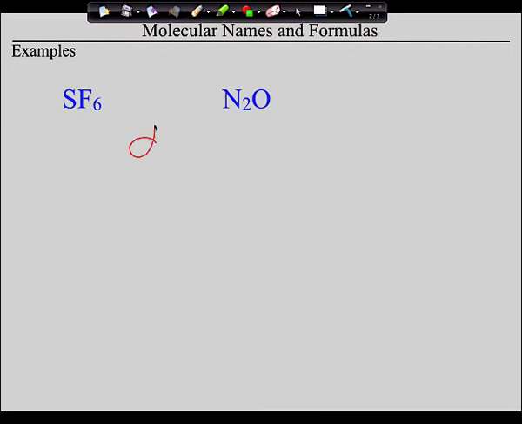So this would be dinitrogen, and then oxygen. How many are there? One, so it would be monoxide. Why do we use the mono in this case? Because it's second. So guys, don't call it mono-oxide.